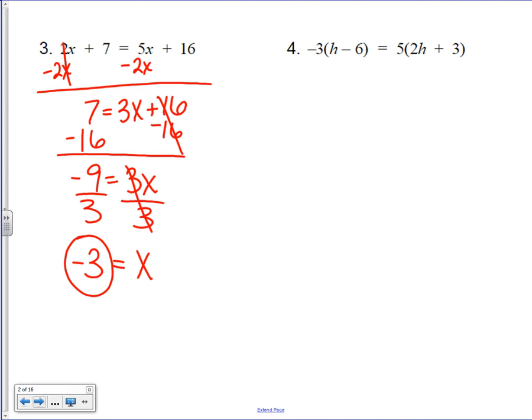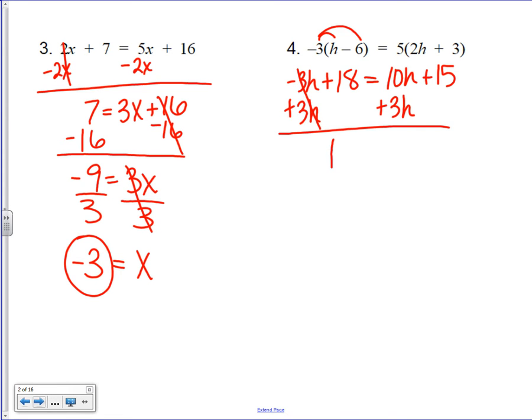In number 4, you'll see that we need to do some distributing first. Please be careful with your signs. A negative times a negative is a positive. And please be sure you distribute to everything in the parentheses. Now we're ready to move our smaller variable over and drop down what's left.